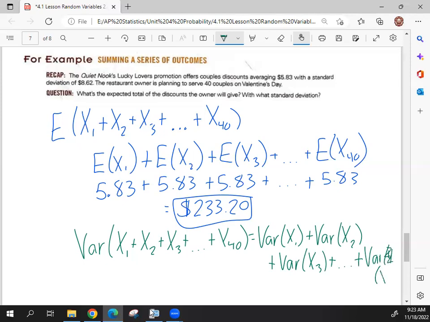Oops, I'm getting a little sloppy here. We would just add that 74.3 40 times, and then we would square root our final result to get the standard deviation here of the 40 couples coming in.